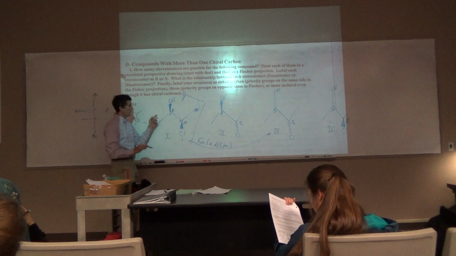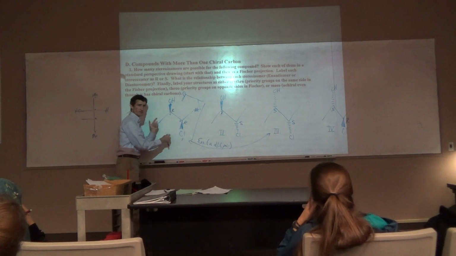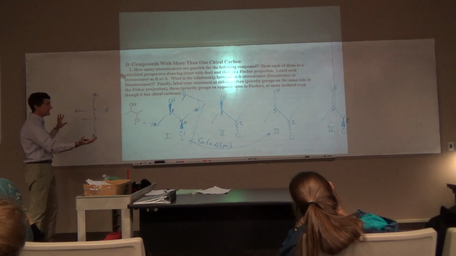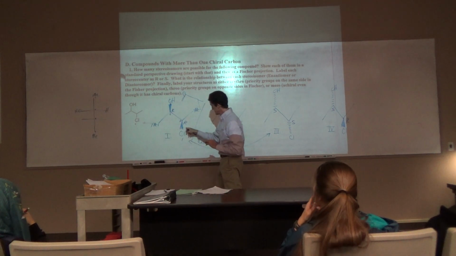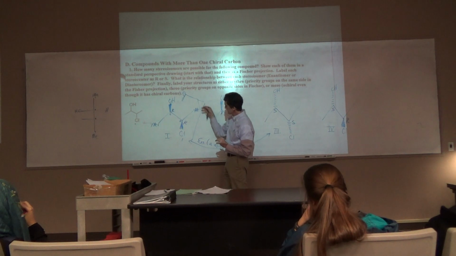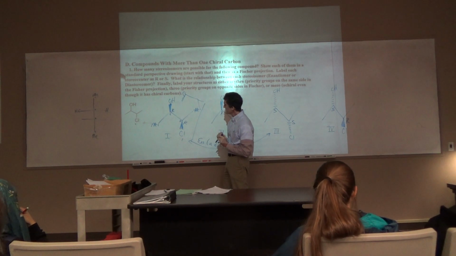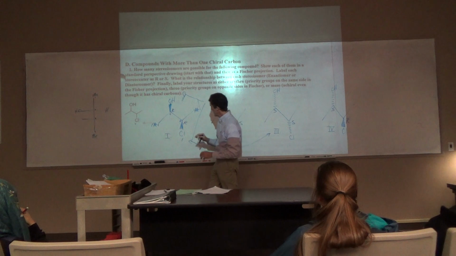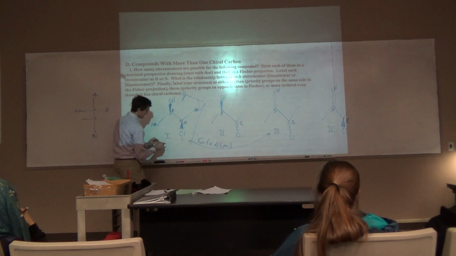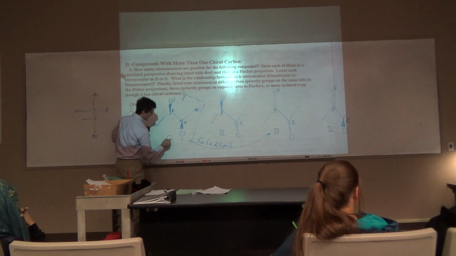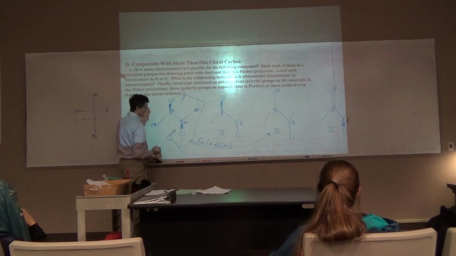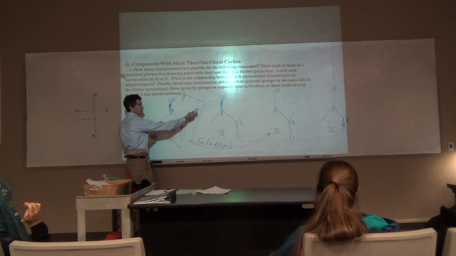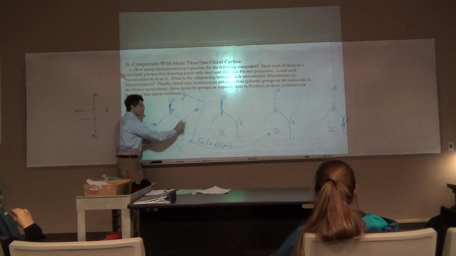It's in the plane. The things that are dashed and bold are going to be on the sides, okay? We said that before. The chlorine is dashed or bold. If we're over here, hold on, we don't want to be over here. We actually want to be over here and look through here. Why do we want to be over here? Because this methyl needs to be going away from us.